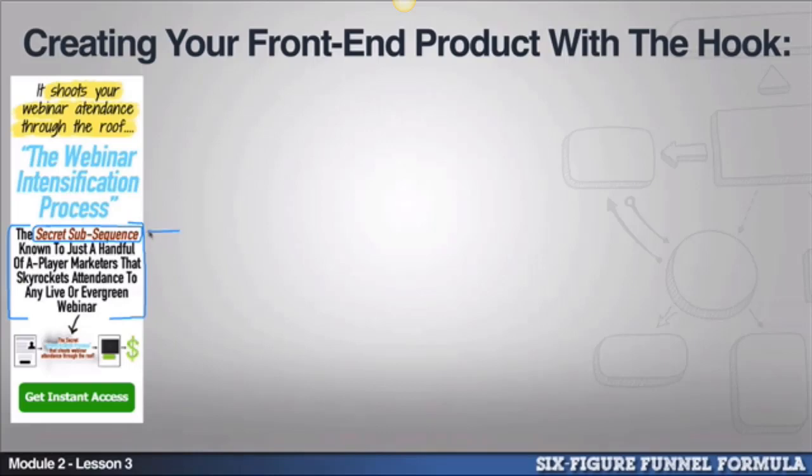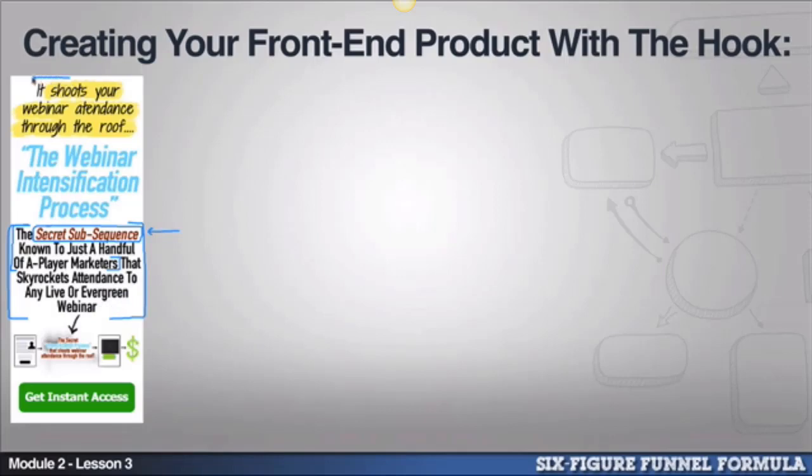This is the portion of the product that actually delivers the results. The fact that there is a secret subsequence known to just a handful of marketers, that is the first part of the hook. The second part of the hook, as you now know, is the benefit, which is it skyrockets attendance to any live or evergreen webinar.